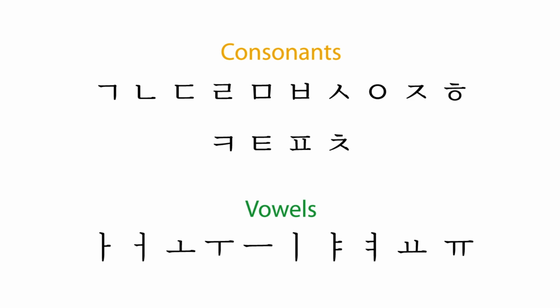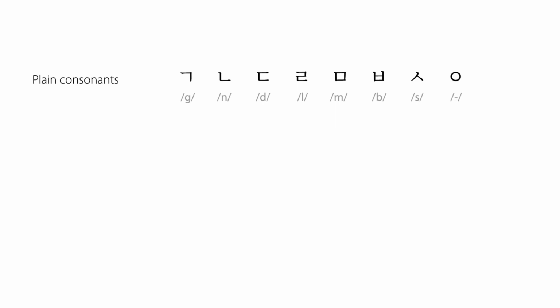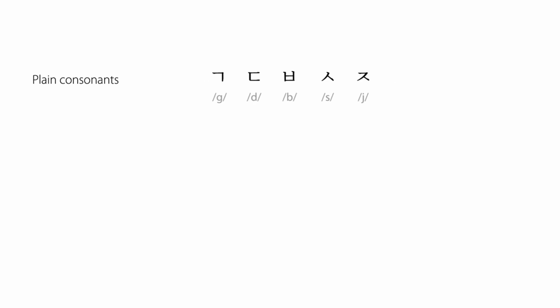The consonants are divided into 3 simple groups. Plain consonants. Aspirated consonants, meaning they are pronounced with an exhalation of breath.